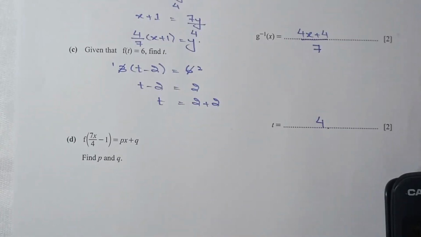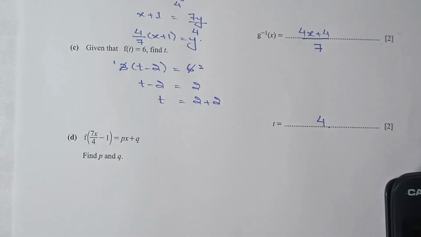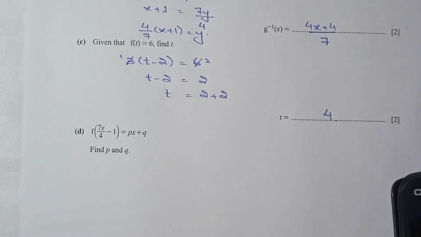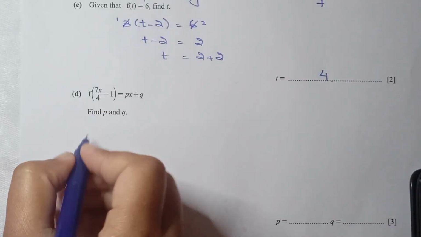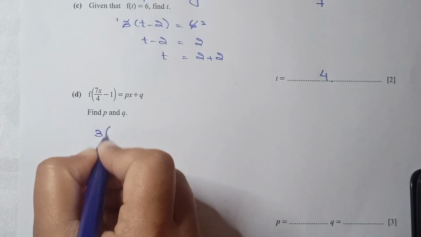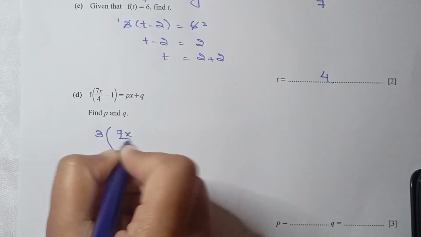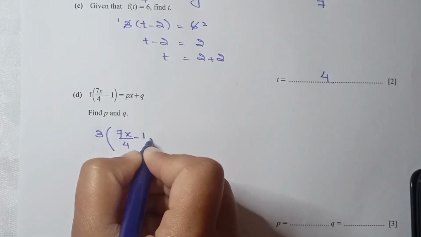Now for part D, f of (7x by 4 subtract 1) would be equal to px plus q. We need to find p and q. Okay, so f of x is 3 into (7x by 4 subtracting 1) and then minus 2.